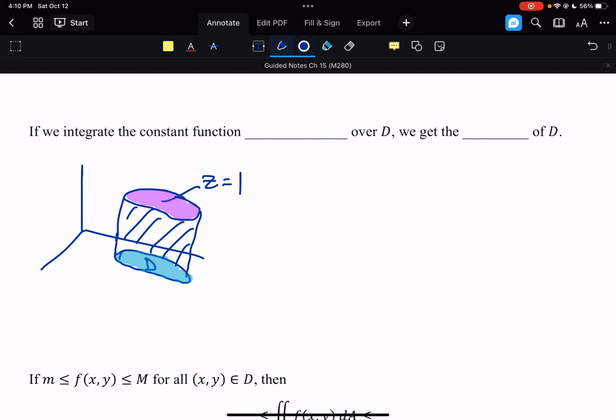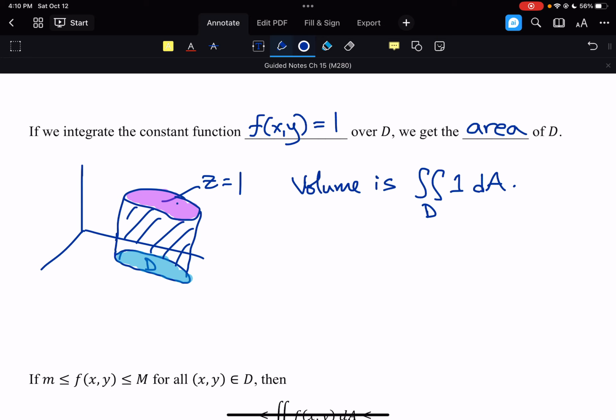So this says, if we integrate the constant function f of x,y equals 1 over the region D, this actually gives us the area of D. Again, remember that the double integral gives us volume, but if you find the volume under the function 1, that volume will be equal to the area of D. So we know that volume is the double integral over D of 1 dA in this case, right? If we're integrating under 1, then that's going in the integrand.